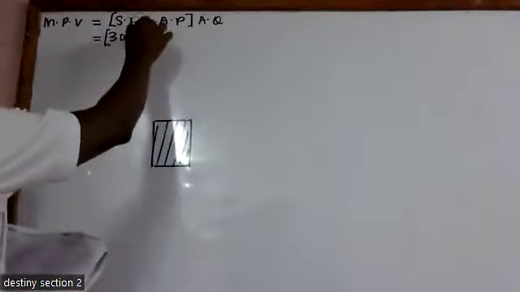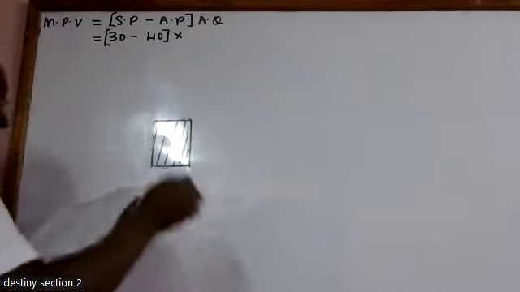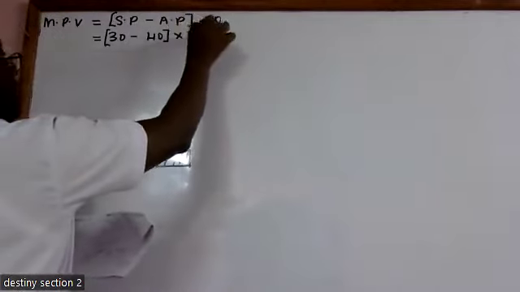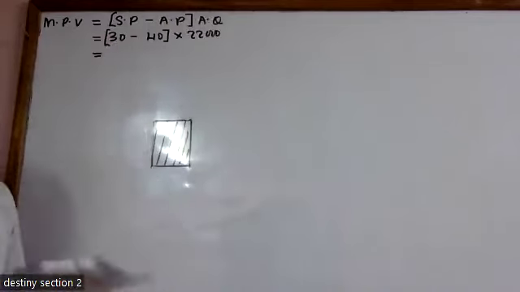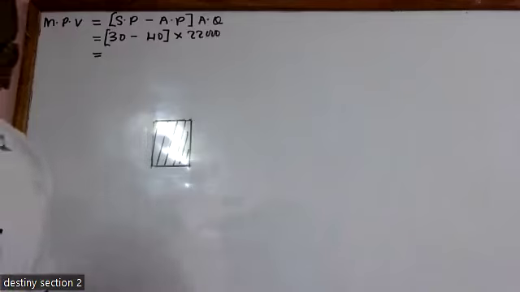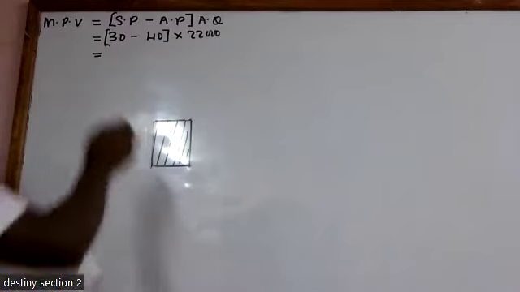So the actual price was 40, and the actual units purchased are 22,000. So tell me, how much is that? $220,000.